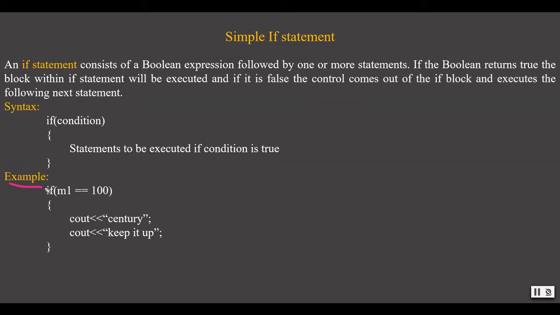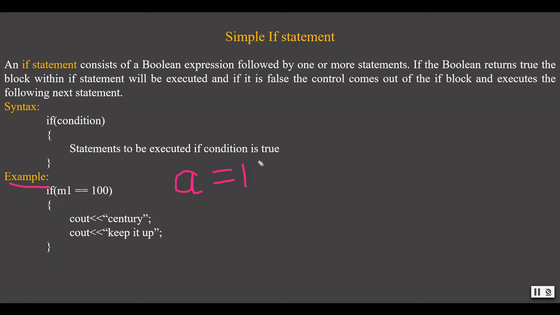Let us consider an example to understand this if structure better. If m1 == 100, where m1 is a variable, and this is a double equal to, that is the equal to operator and not an assignment operator. If we use a single equal to, it is an assignment operator, for example a = 10.